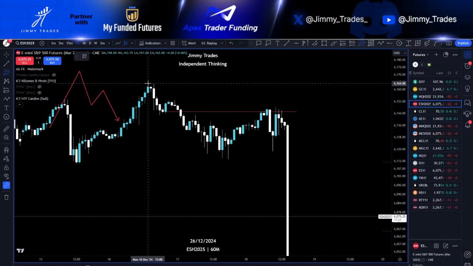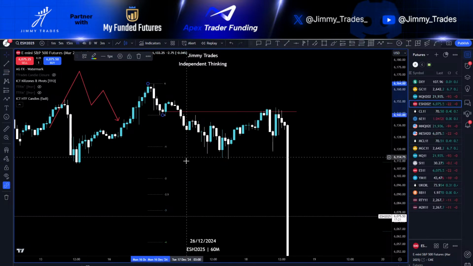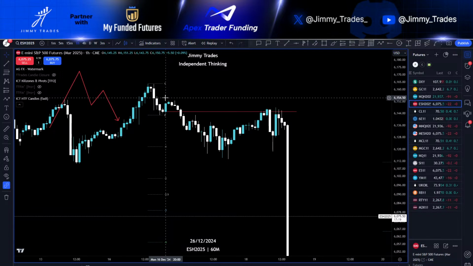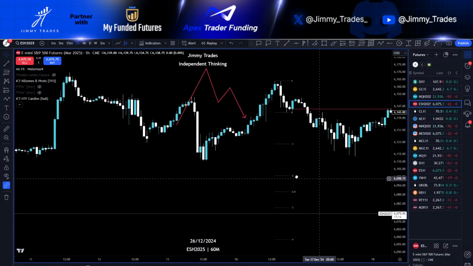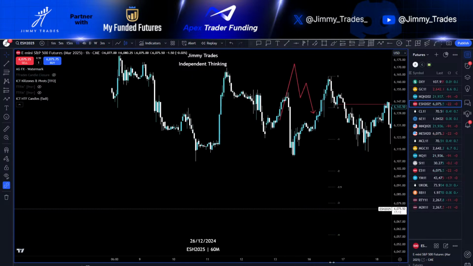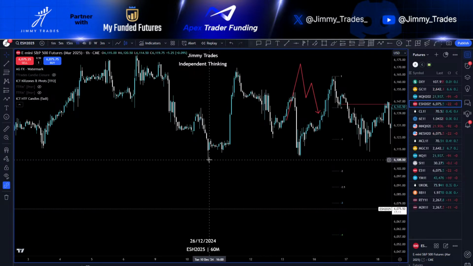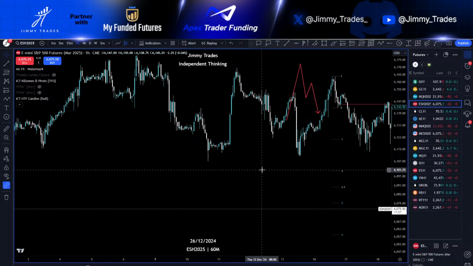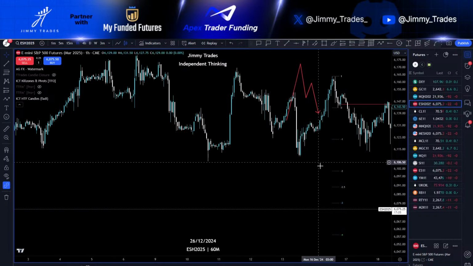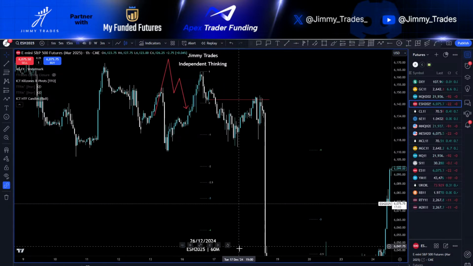Run your standard deviations from the high to the low, and you can run it on the failure swing. And you have these lows here that are, you know, pretty close to aligned with the -2 to 2.5.